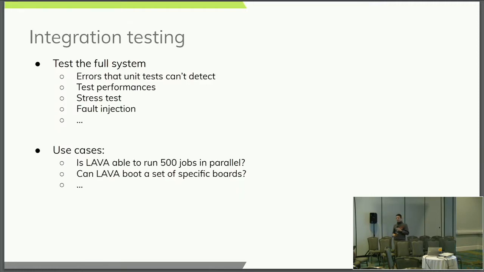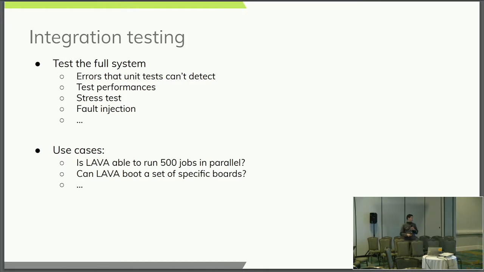If we do integration tests, we might have to do larger mocking. So I guess you all know that integration testing is for testing the full system. So you want to check errors that unittest will never find. You want to do some performance testing, such as stress testing, faulty junction, this kind of stuff.